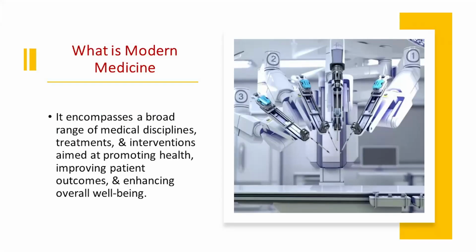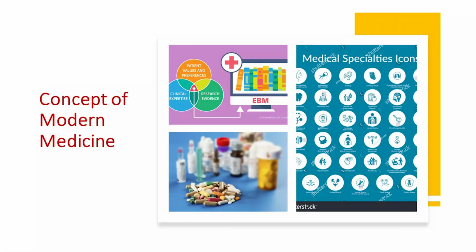It encompasses a broad range of medical disciplines, treatments, interventions, which finally end up with one common point. The common point is improved patient outcome and enhancing the overall well-being of the society or the community as a whole. The concept of modern medicine arises from some few factors.